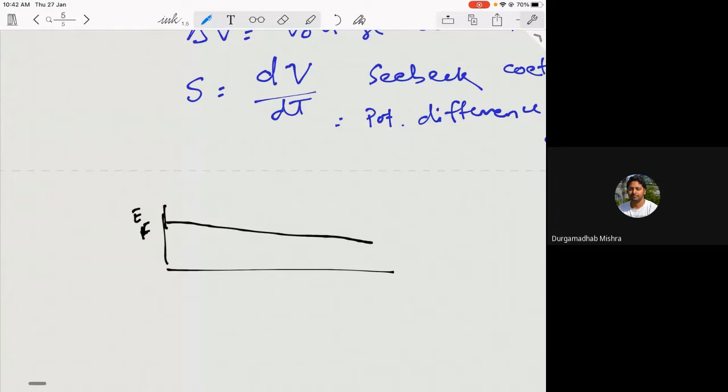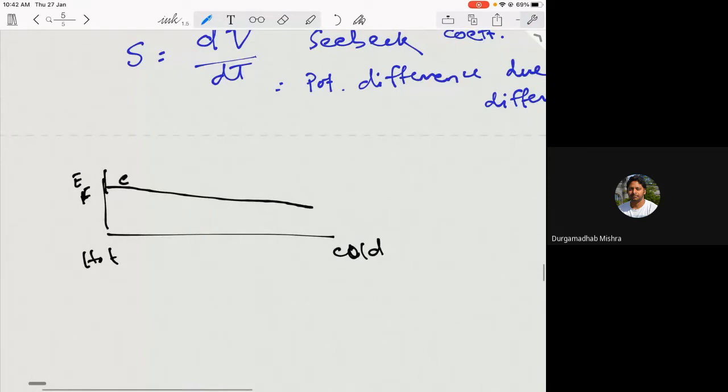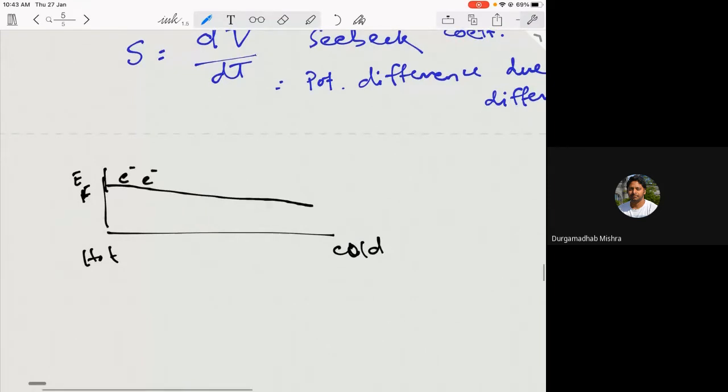This is my hot end and this is the cold end. Due to this gradient, electrons will move, and this conduction happens from the hot end to the cold end.